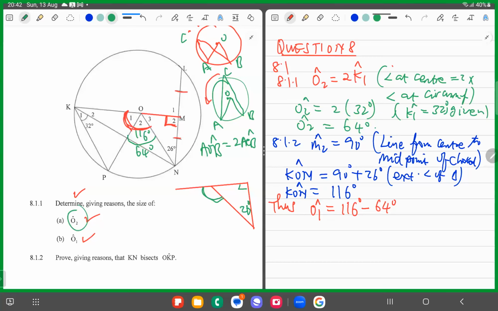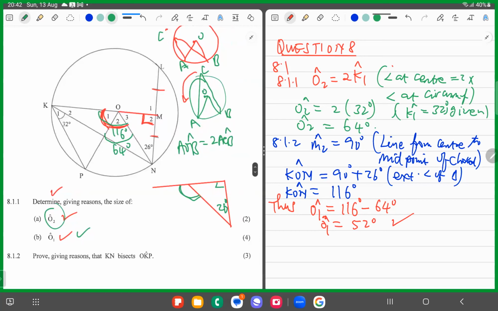So we can say 116, which is everything here, minus 64 degrees, which means angle O1 is the difference, 52 degrees. Angle O1 is 52 degrees. All right, so we found it. That's what they wanted.